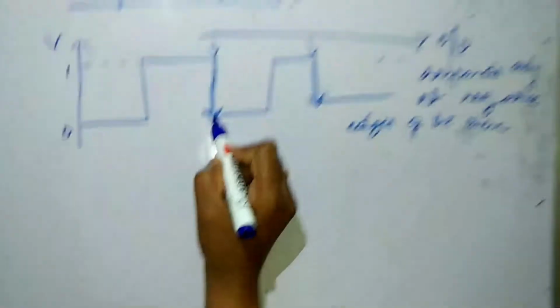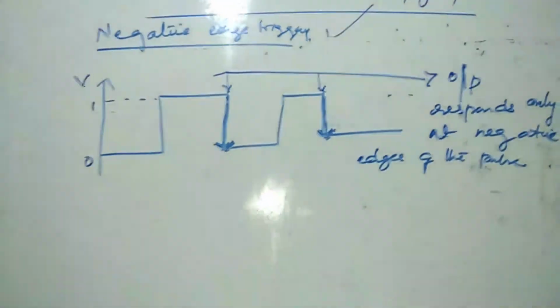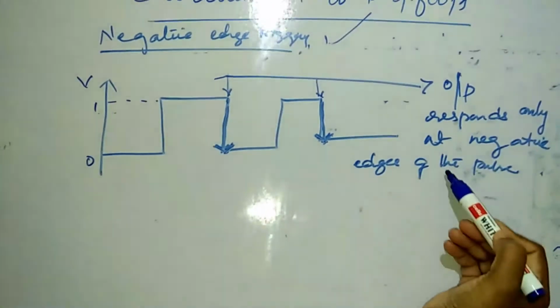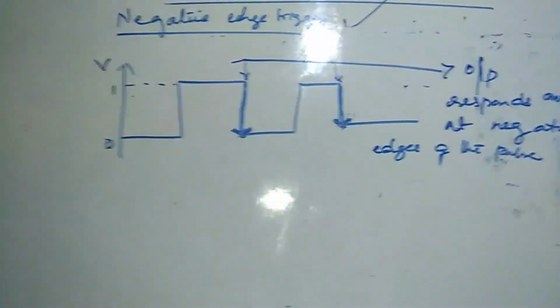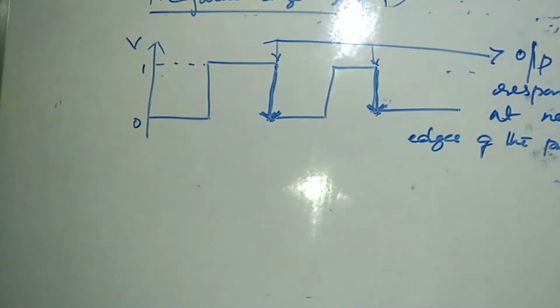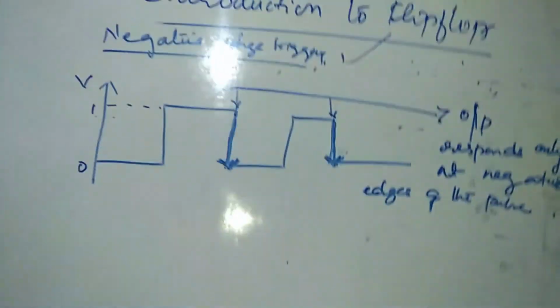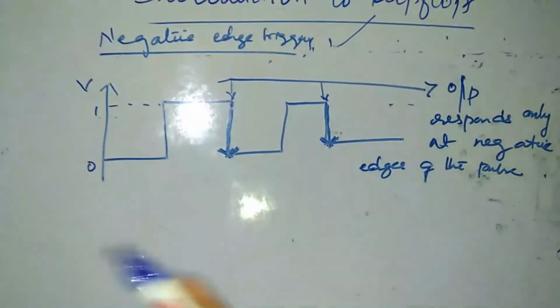Here is my negative edge as well as here is my negative edge, if I'm considering the clock period. So my output responds only at the negative edges of the pulse, and this is negative edge triggering. These are the basic things we have to know when a flip-flop is considered, to get into the depth of different types of flip-flop.